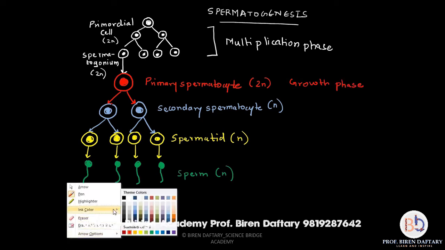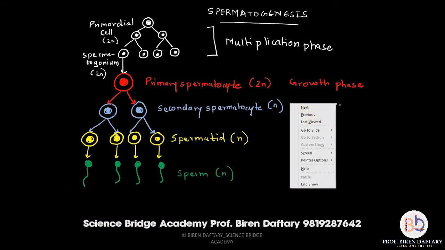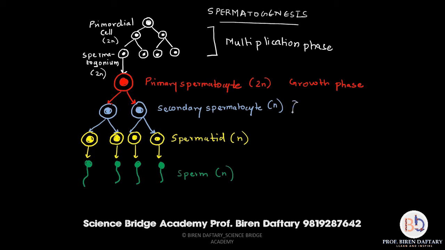the second phase. Okay, and the last phase is called the maturation phase, and in the maturation phase each secondary spermatocyte will be formed from the primary spermatocyte, that is haploid, and secondary spermatocyte will give rise to spermatid and finally sperms.